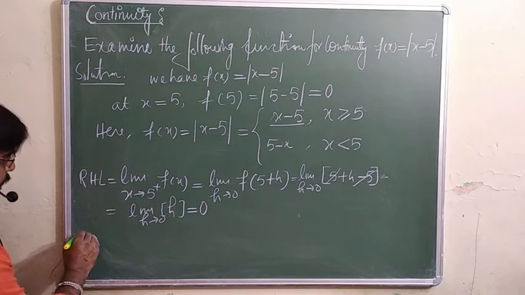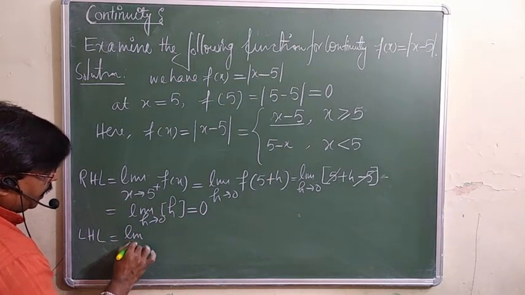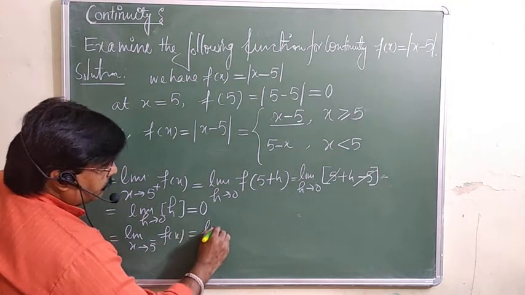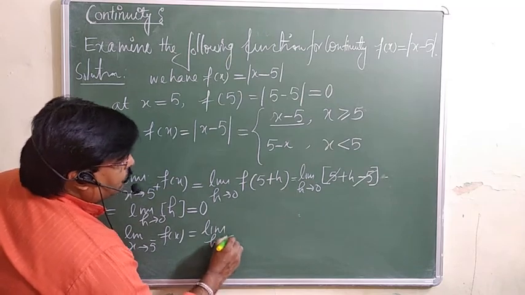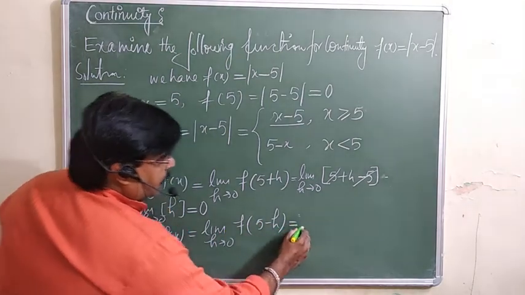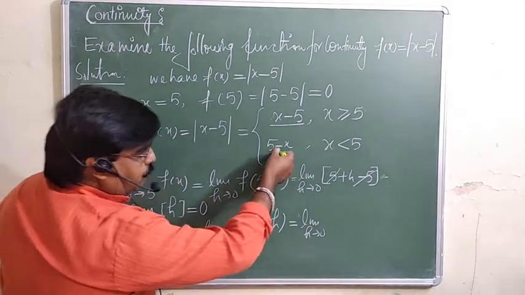Now you have to take the left hand limit. So this is limit x tends to 5 minus f(x), which is equal to limit h tends to 0 of f(5 minus h). Here x is less than 5, so the function will be 5 minus x.